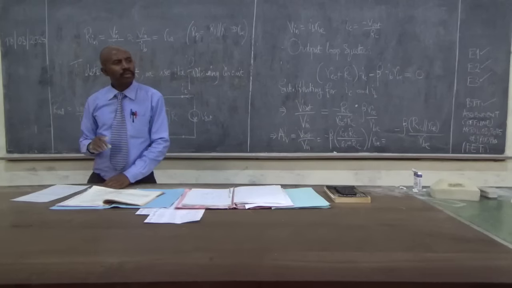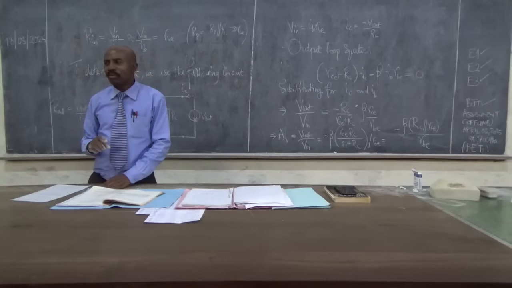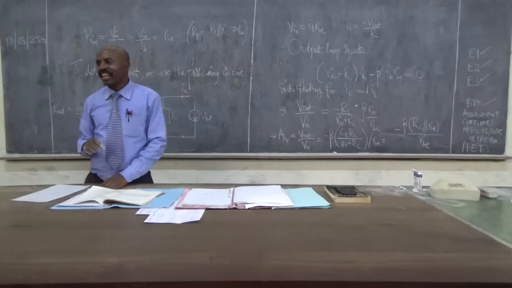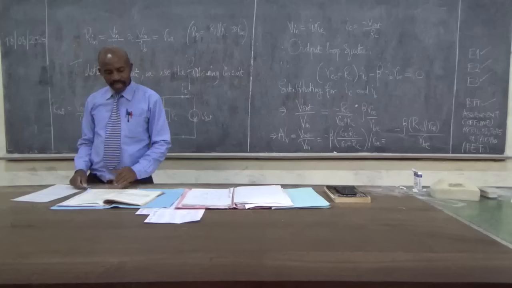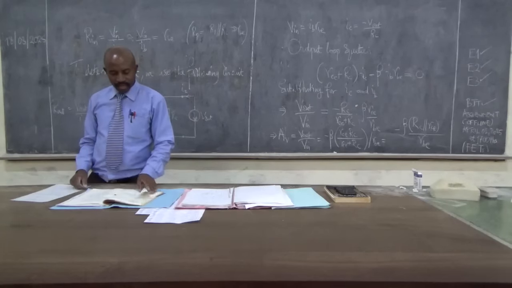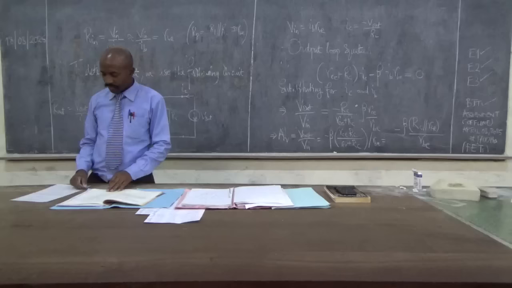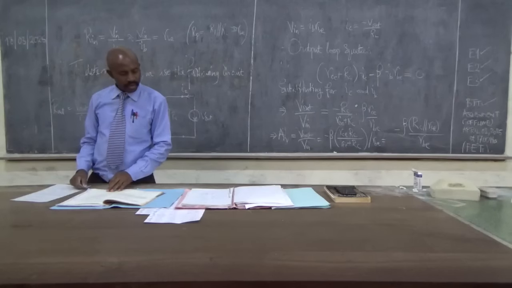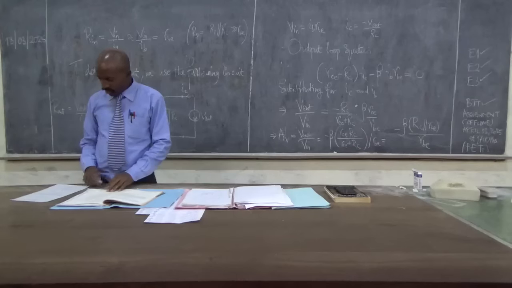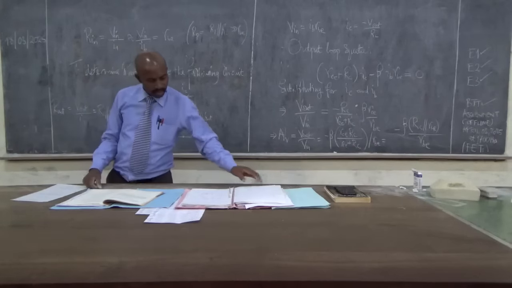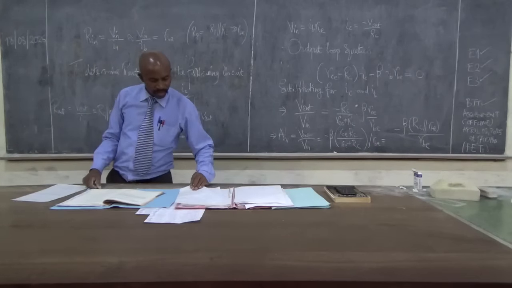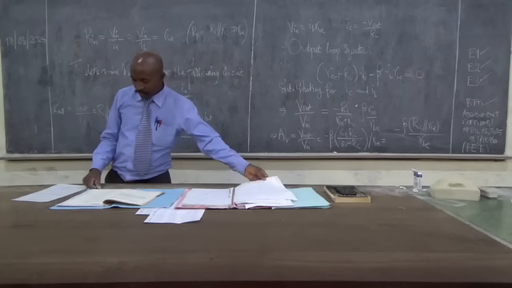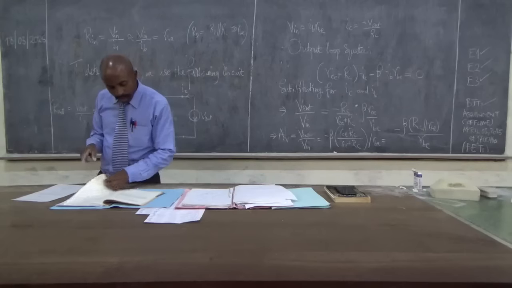I gave you a wrong heading, and some of you who saw didn't bother. E3 is a common emitter, and we've just been doing the common emitter. I'm looking at the different common emitter. So we got common collector for E5.